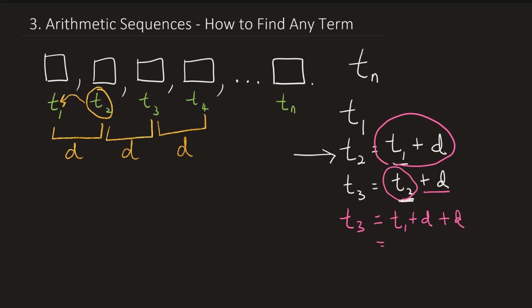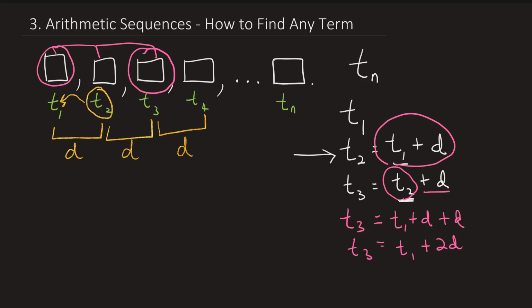So I get T3 is T1 plus 2D. Let's take a look at this picture and see if that makes sense. So what I'm saying is this one, T3, is the first term plus two lots of D, plus this, plus this. And yes, that does make sense.